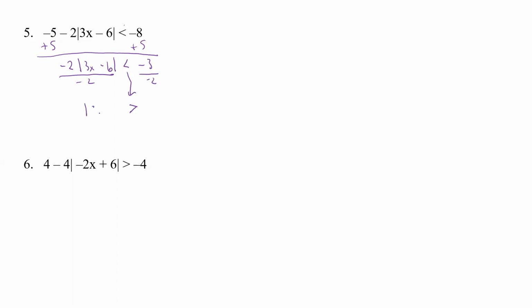So we have absolute value of 3x - 6 is greater than, now -3 divided by -2 is +3/2. Now with this, the greater than, that's going to give us the or, and so we're going to end up with 3x - 6 greater than 3/2, or 3x - 6 less than -3/2.